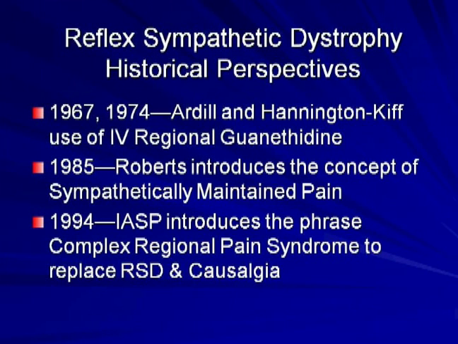And they decided to introduce the terminology complex regional pain syndrome, and that was to replace reflex sympathetic dystrophy and causalgia, both of them. However, these terms, reflex sympathetic dystrophy and causalgia, had been entrenched for about 50 to 100 years. So it wasn't going to be easy to replace it.